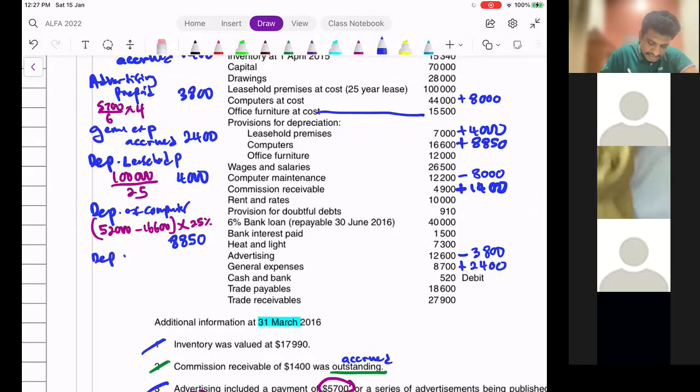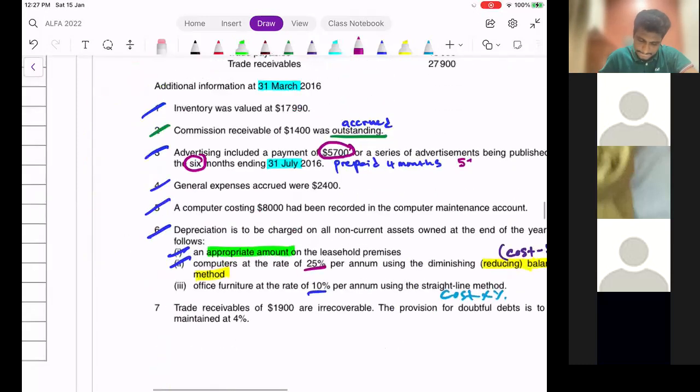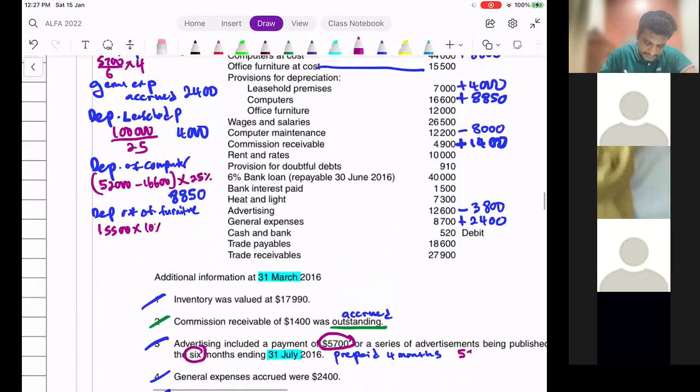So depreciation of office furniture is 15,500 times 10%. I get 1,550. Then that one will be plus the depreciation of the furniture, 1,550. Very easy.